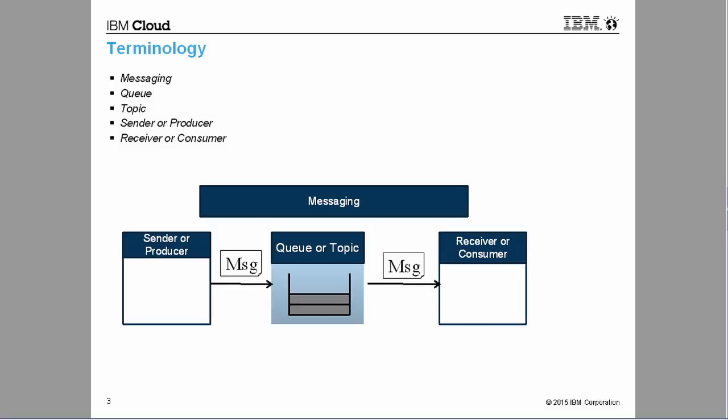A sender or producer is a program that sends a message by writing the message to a channel or a queue. A receiver or consumer is a program that receives a message. There are two types of messaging models in the messaging world: one is point-to-point, and the other is publish and subscribe.